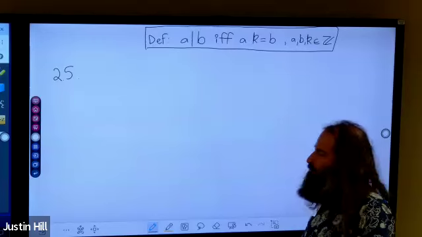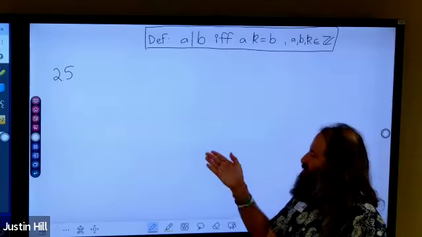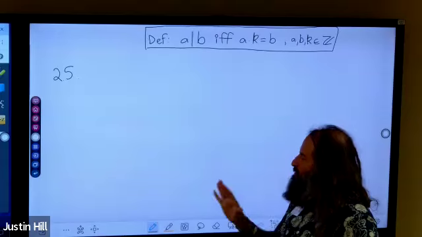So again, we have three elements, A, B, and C. And the last one, A divides B and A divides C, but this is a different setup.